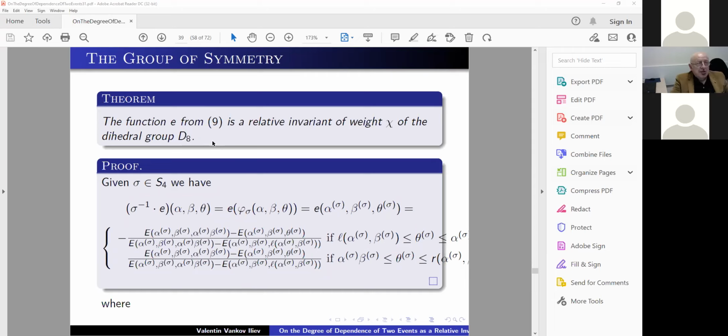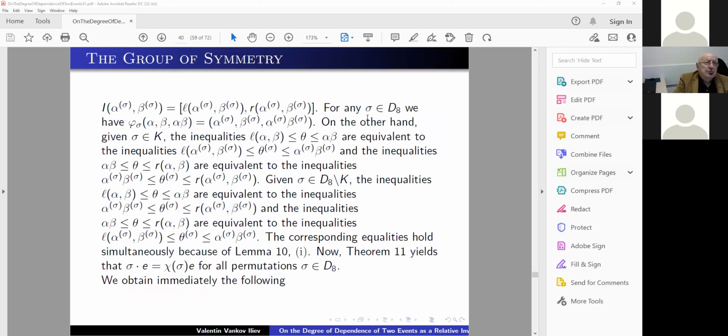So this is the result, and the result uses some properties of this subgroup D8, one of the three Sylow 2-subgroups of S4, namely that for any member sigma of D8, phi sigma at alpha beta is equal to alpha sigma, beta sigma, and the product alpha sigma beta sigma.